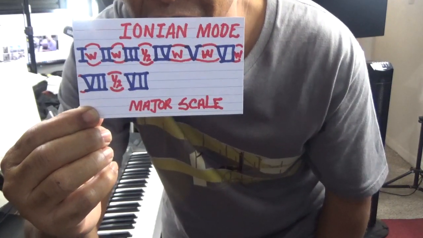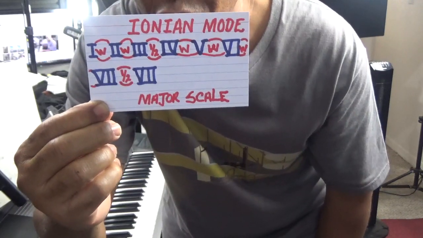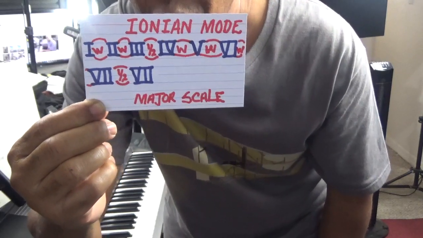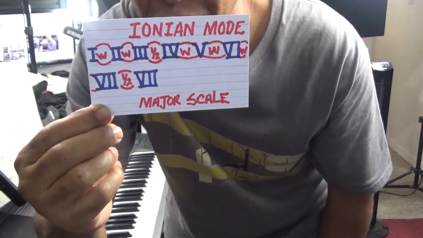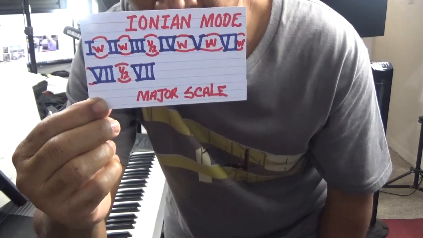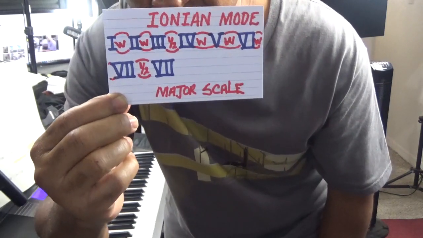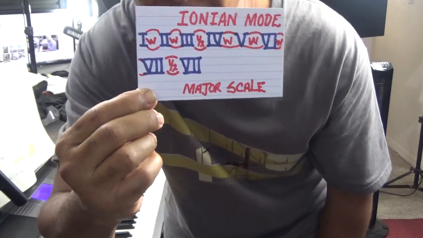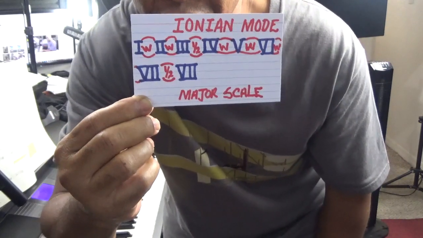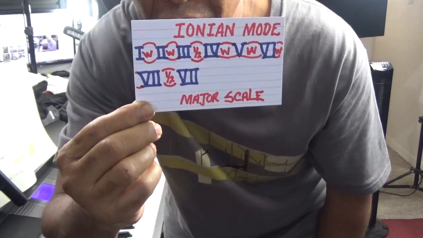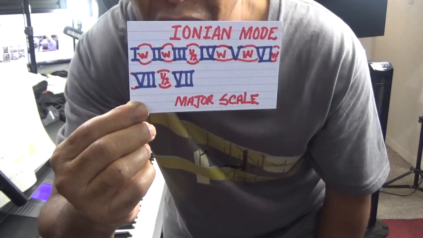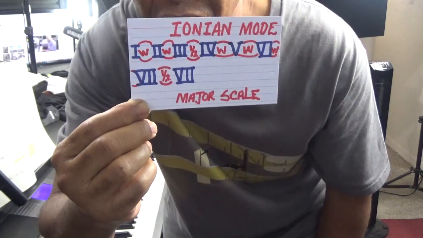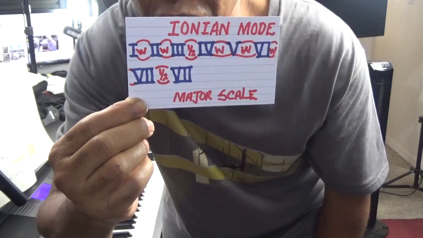So in the major scale you have 2 whole tones, followed by 1 half tone, followed by 3 whole tones, and it ends with a half tone between 7 and 8.